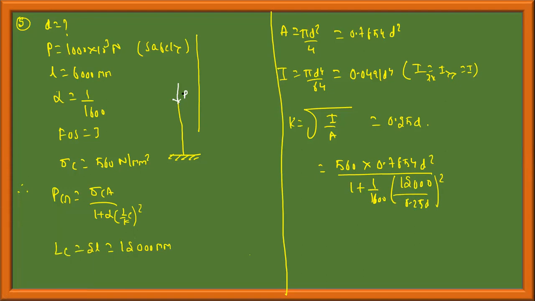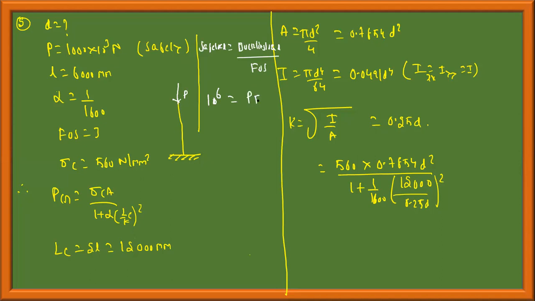Since he has given the safe load, we know that safe load is equal to buckling load divided by factor of safety. He has given the safe load, since my column is operating in the safe range, which is 1000 into 10 power 6 Newton.